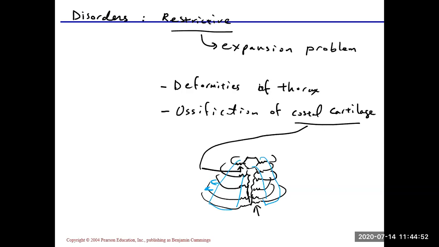There may not be any problem with your lung itself, but due to the stiffness of the costal cartilage, they're unable to expand. And that is the problem.